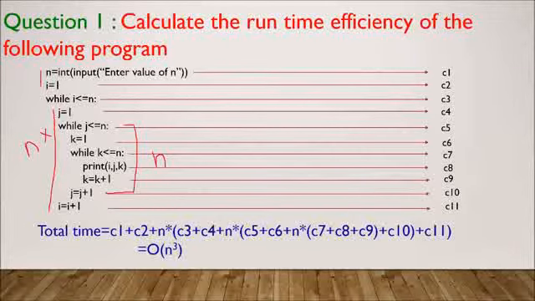After that, the first n is multiplied by all the other statements, and then again C3, C4, which were in the second while loop, get multiplied by n, and then the third while loop. When we expand it, the dominant term, which I have already explained in my previous video, will be n cube. So this will be the efficiency of this program.